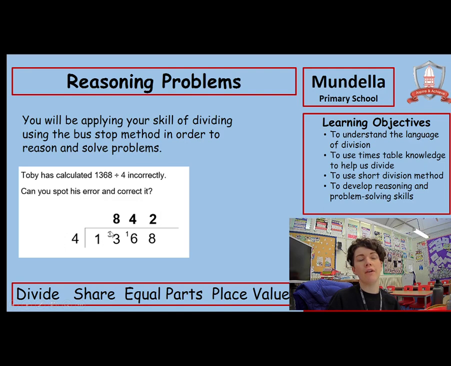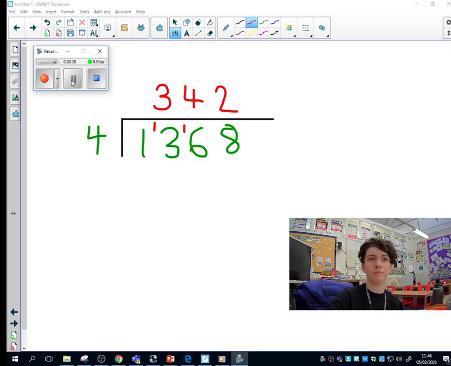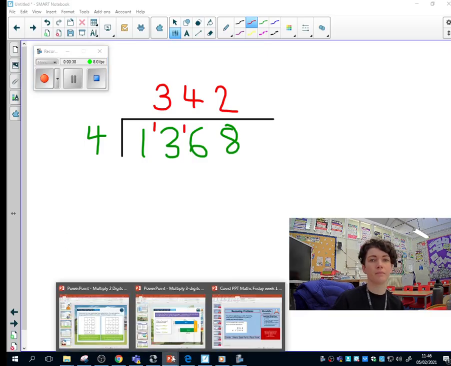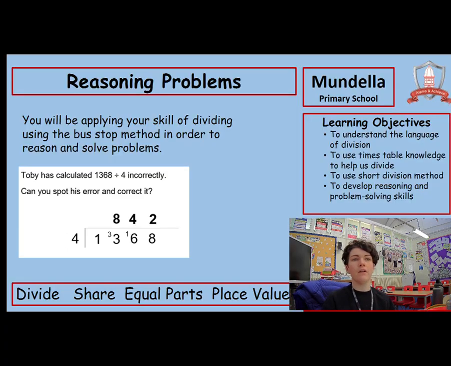And then we should carry the number 1 here. Toby has not carried the number 1 here. He's carried the number 3. So that is his crucial error. So we've proved then that the correct answer should be 432, not 842.